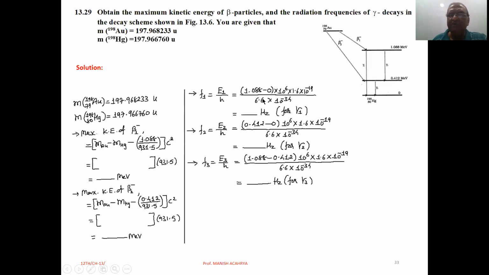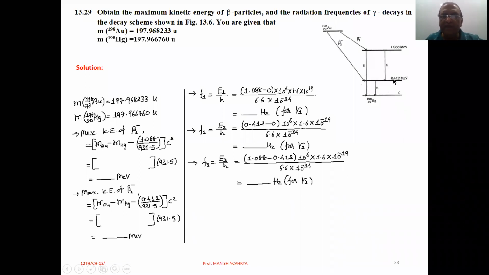So 1.088 minus 0 MeV, into 10 raised to 6 into 1.6 into 10 raised to minus 19, this much joule, divided by h, that is 6.6 into 10 raised to minus 34. Solve it, you will get the first frequency of gamma decay.